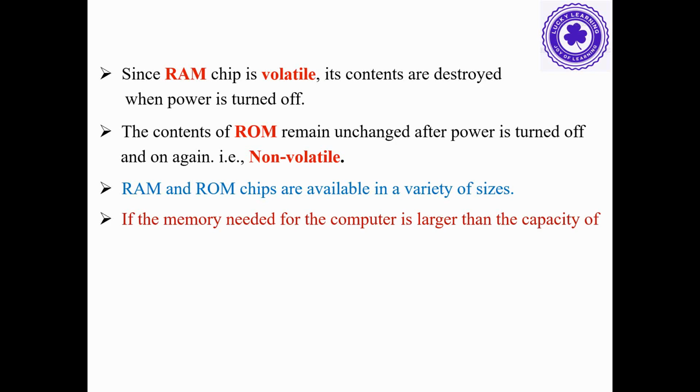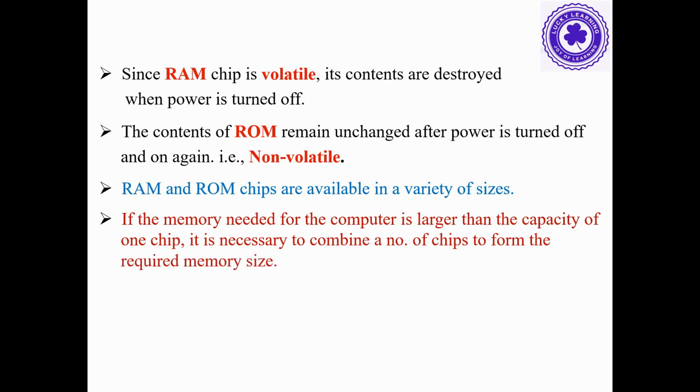If the memory needed for the computer is larger than the capacity of one chip, it is necessary to combine a number of chips to form the required memory size. What does it mean? Suppose I want 1024 main memory, but 1024 RAM chips are not available, then what we can do is combine more than one RAM chip to form a main memory.